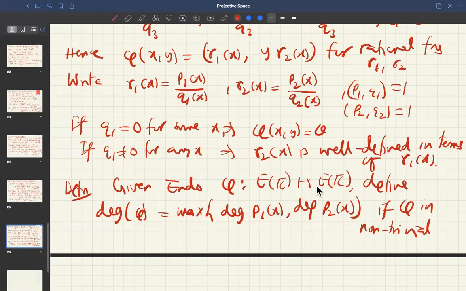The function which takes every point to the point at infinity is trivial. So when it's non-trivial, you define the degree of phi to be the maximum of the degrees of the polynomials giving the rational functions R1.